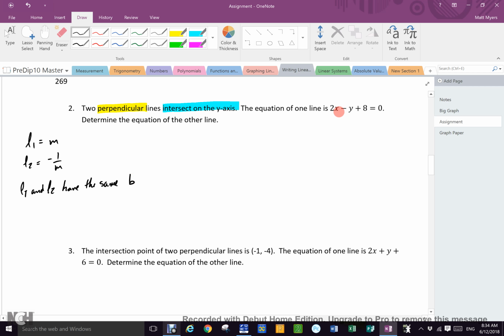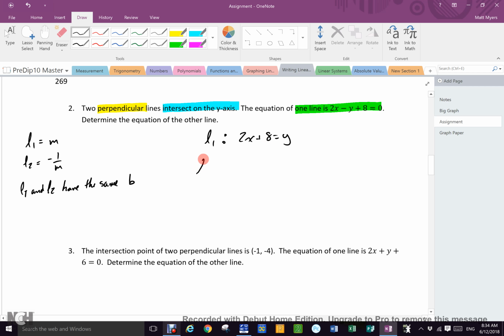One of the lines, that's the third key. One line is given. What can I do to that to make this information useful to me? Make it slope intercept. Line 1: y equals 2x plus 8. So that's the slope I have and the y-intercept that I have, correct?